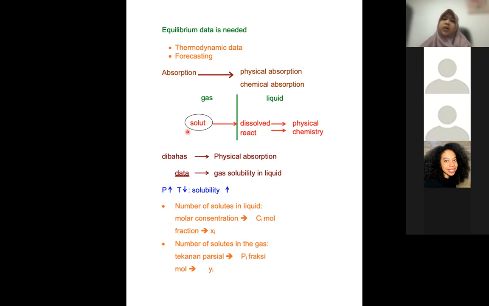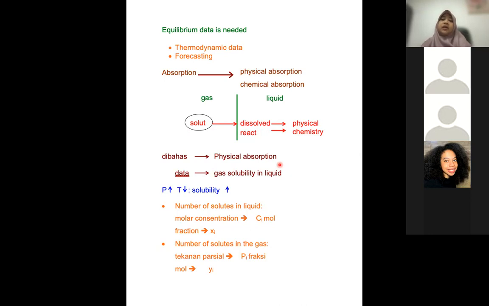Okay, the one that we're going to discuss throughout the course is actually the physical absorption, yeah. So we're not going to talk about the reactive absorption or reactive distillation or the chemical absorption. We're just going to talk about the physical absorption, okay.